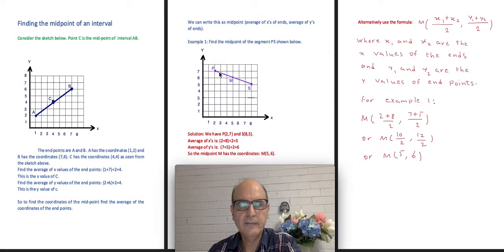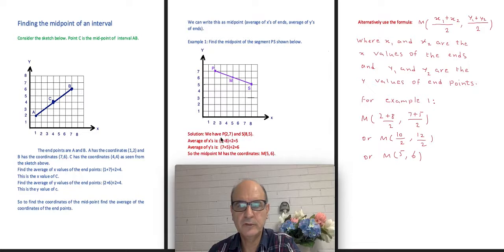To do that, we are going to average the x values to get the x value of M. So I have 2 for P and 8 for S. 2 plus 8 is 10, then divide by 2, you get 5.